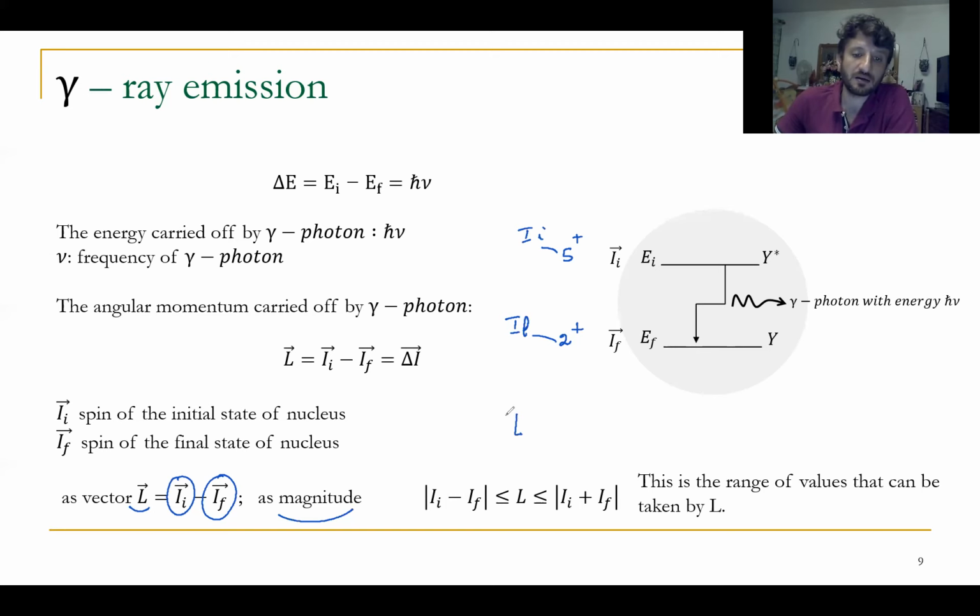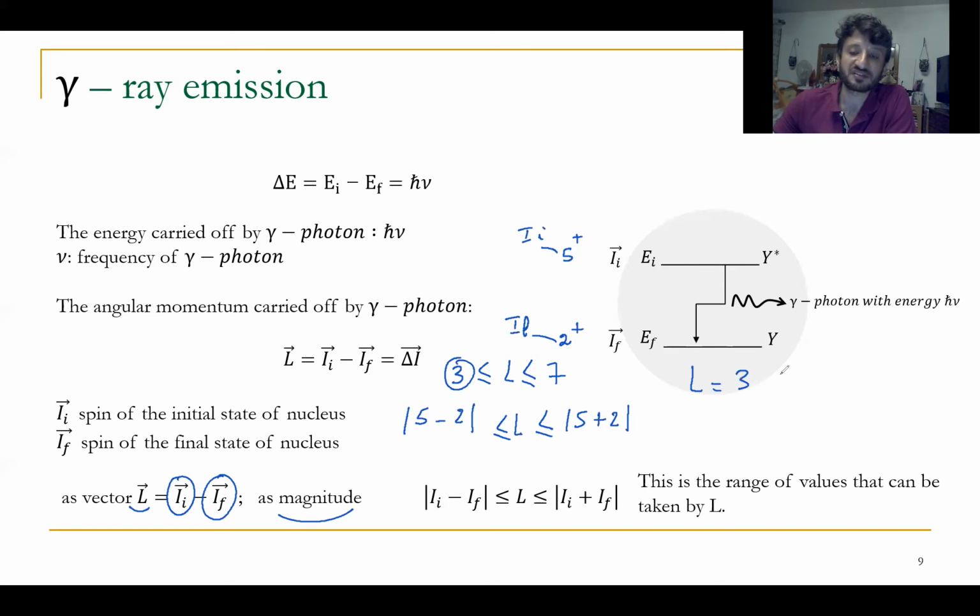So L will be between 5 minus 2 and 5 plus 2. We can calculate this: it will be 3 ≤ L ≤ 7. So the possible values of L will be between 3 and 7.